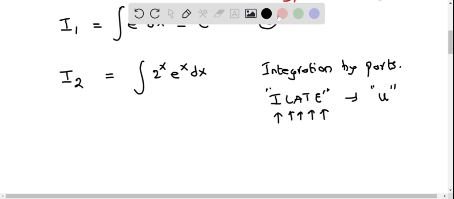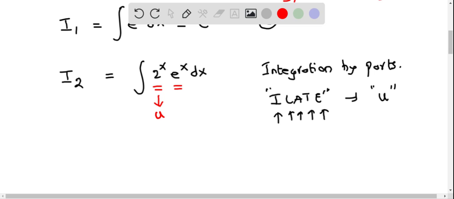So if we look at our function, we have this 2 power x, and then we have this exponential function. So we can choose this as u because e power x, this is an exponential function which comes last, which means this 2 power x, this is a kind of exponential, but however we can consider this as an algebraic as well.